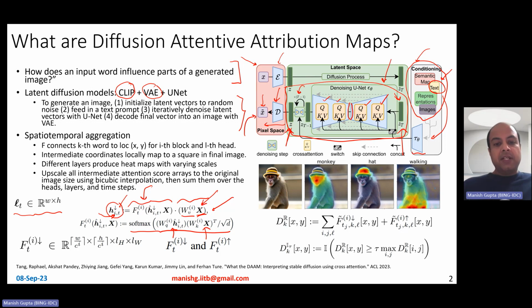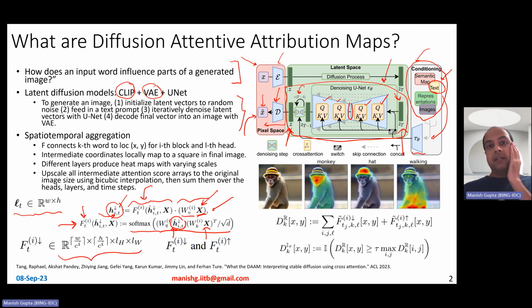Now, as you notice, this F basically is cross attention. It tells how much attention a particular part of the image is paying, because this is the output from the previous layer, to a particular part of the text, a particular word in the text. So this F that you see, whether it is for upsampling or downsampling, is a 4D tensor.